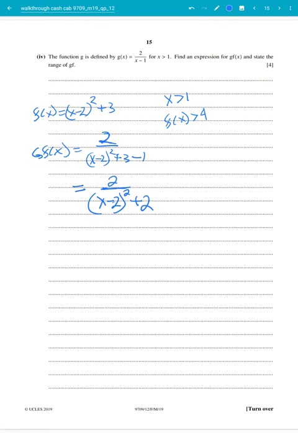There. And then from there, we just have to figure out the range of g of f of x. Well, if the input into g of x, the smallest value is 4, what happens if we plug 4 in to x for g of x, which is equal to 2/3.